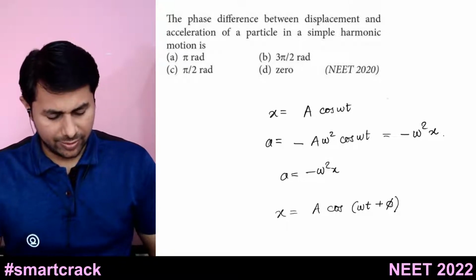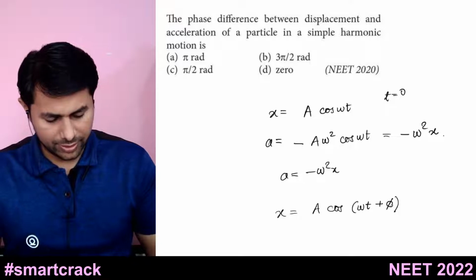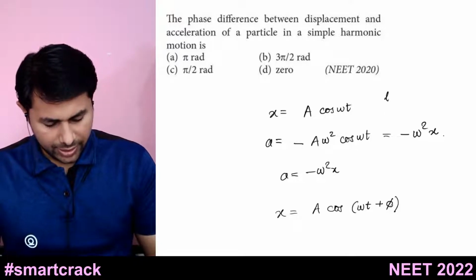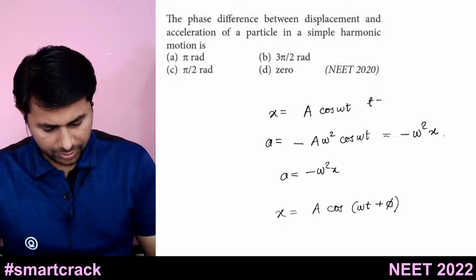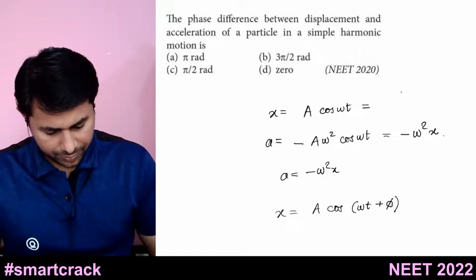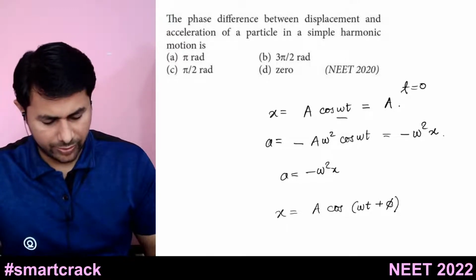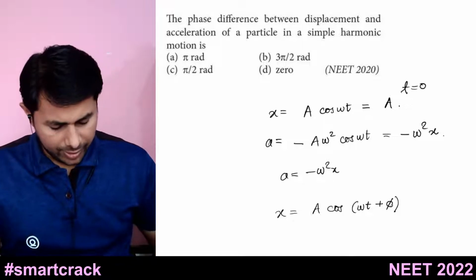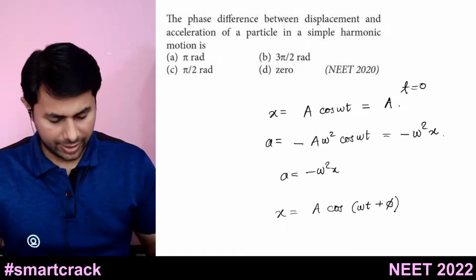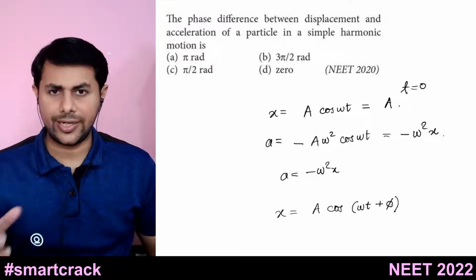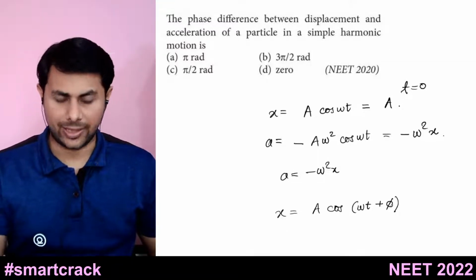So let's say t is equal to 0. So for t equals 0, you will get a, because cos 0 is 1. Okay, so here let's say it is a is equal to minus of omega square x, right? So you want a negative sign in front of x.